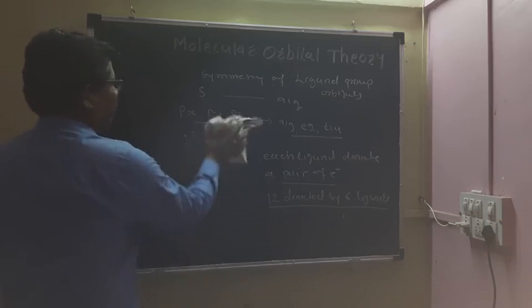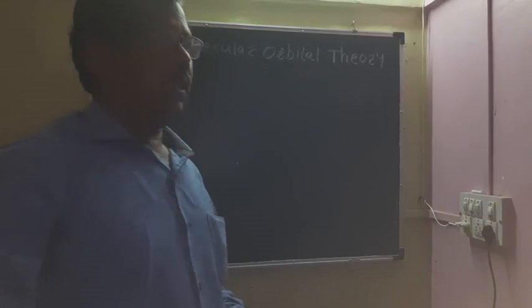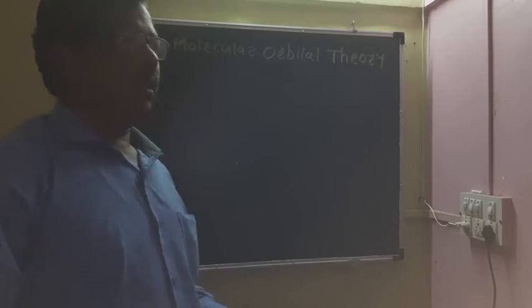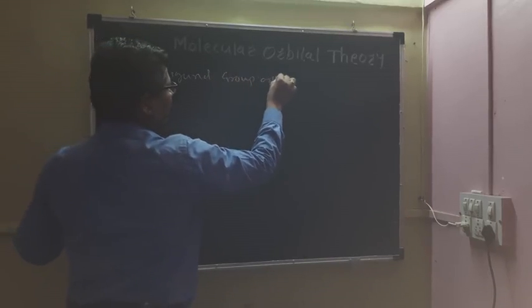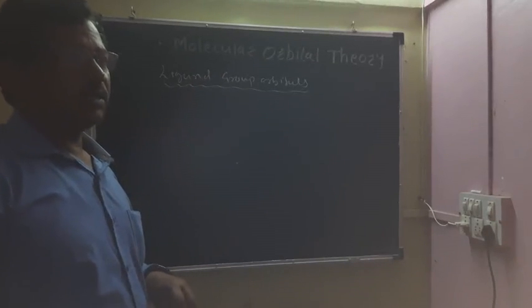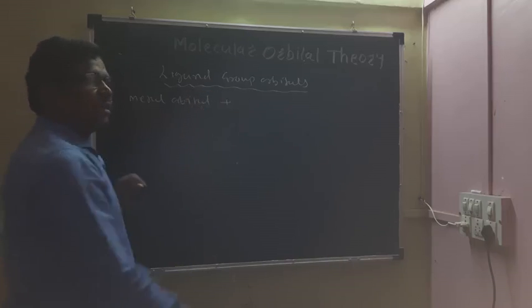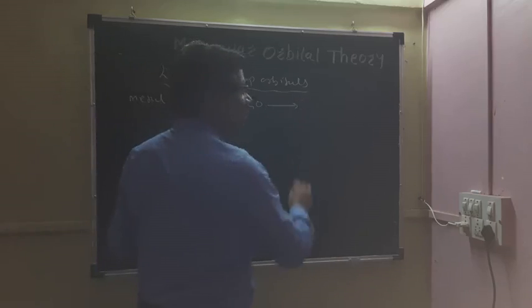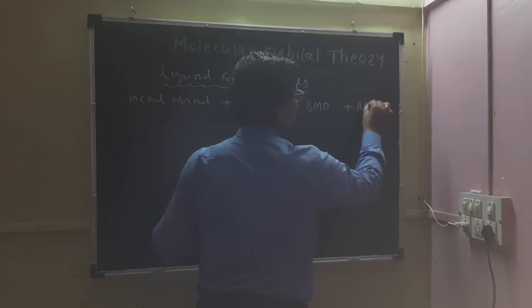Here, in the octahedral environment, metal orbitals plus ligand group orbitals, LGO, form bonding MOs plus anti-bonding MOs.